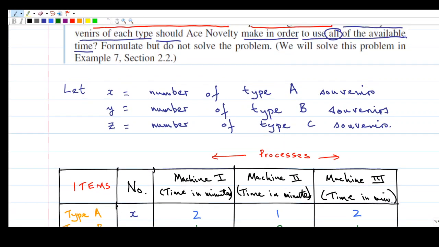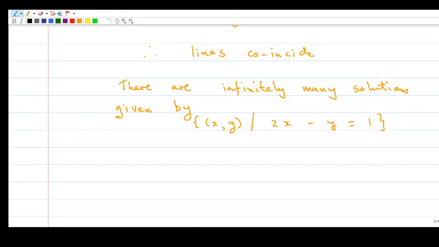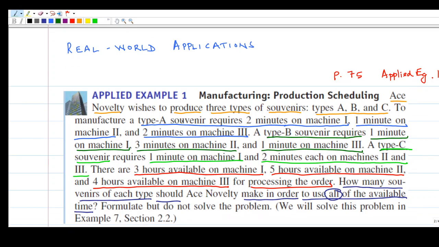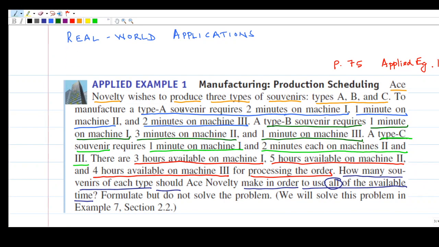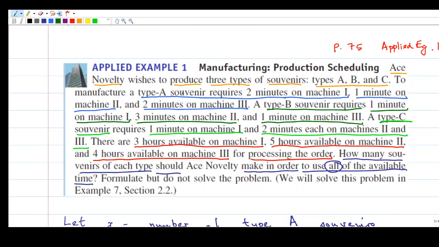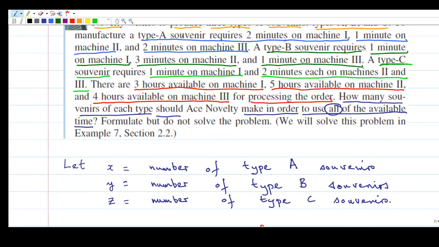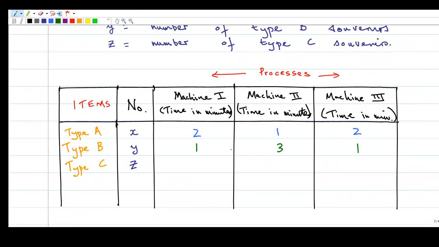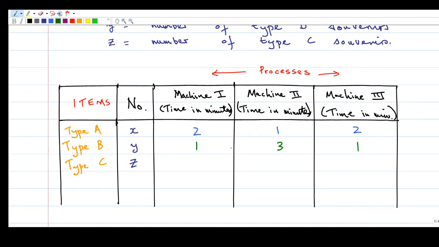Then you can go to the type C souvenir, right? It's underlined in light green. It's 1 minute on machine 1, 2 minutes on machine 2, and 3. So 2 minutes on each of machines 2 and 3. So light green is going to be 1, 2, 2.